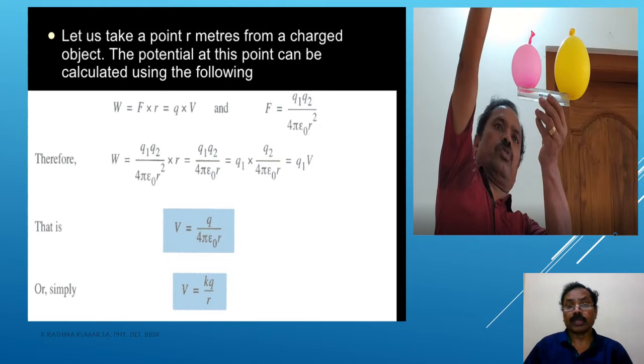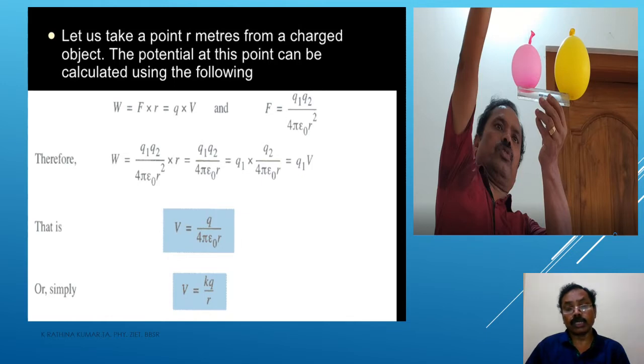Q into V. And also we know that force is Q1 Q2 by 4 pi epsilon naught R square between the two different charges. So that equation can be substituted, and it brings capital V equal to Q by 4 pi epsilon naught R square. If both the charges are the same, then one Q, the test charge, will be cancelled.